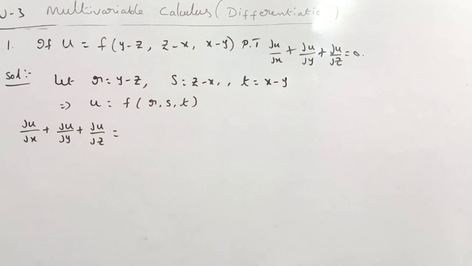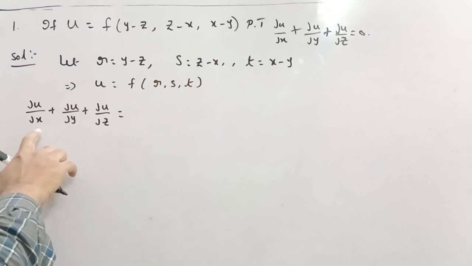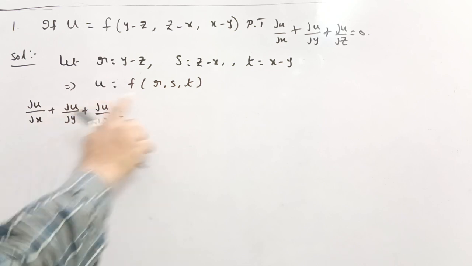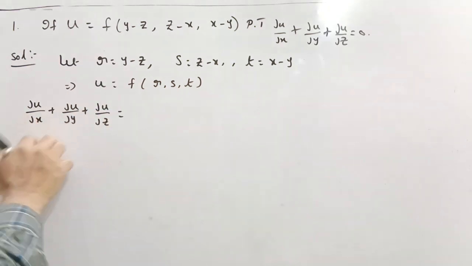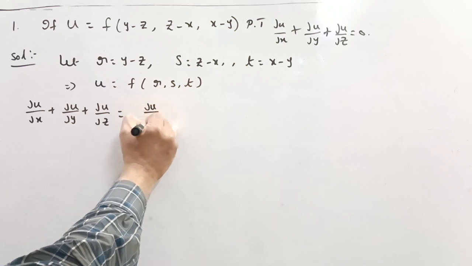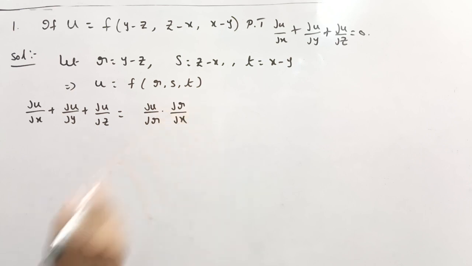Using chain rule, the formula for ∂u/∂x becomes, so u is a function in terms of r, s, t. So ∂u/∂x can be written as ∂u/∂r into ∂r/∂x. First you have to differentiate r with respect to x very carefully.